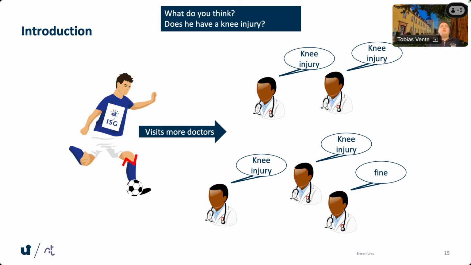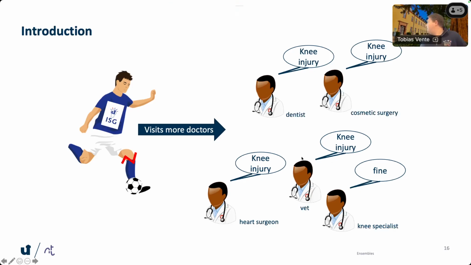But now your stupid question comes in. What happens if I tell you the profession of the doctors? The one that he visited before and said the knee is fine is a knee specialist, but a heart surgeon, a vet, a dentist, and a cosmetic surgeon basically say your knee is fine.